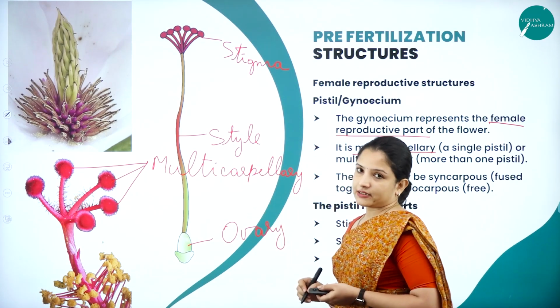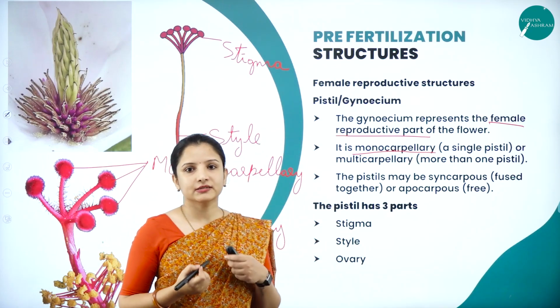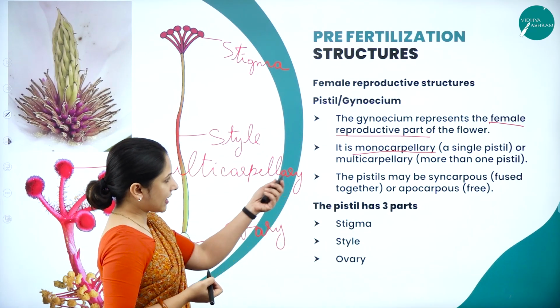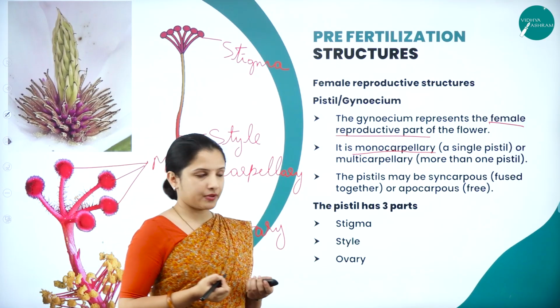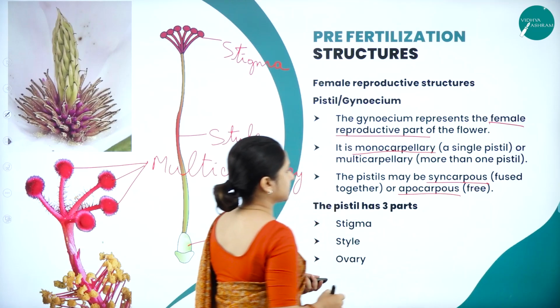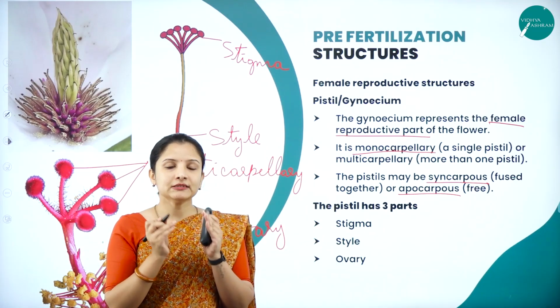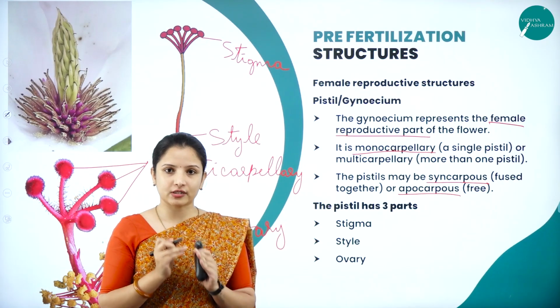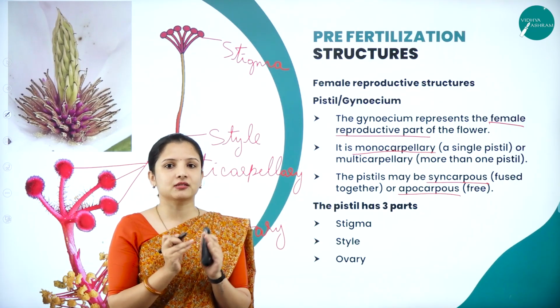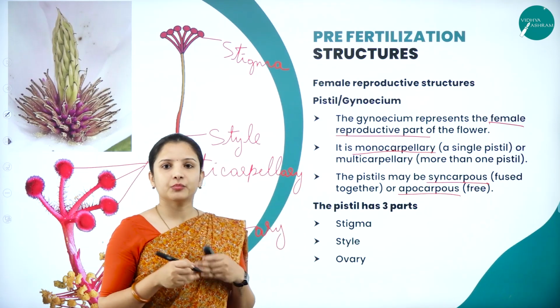If it is multicarpellary or if more than one pistil is being present, then they can be either syncarpous or they can be apocarpous. Syncarpous means in synchrony, in synchronization, they are synced. So that is why it means they are fused. Carpus is nothing but carpel.